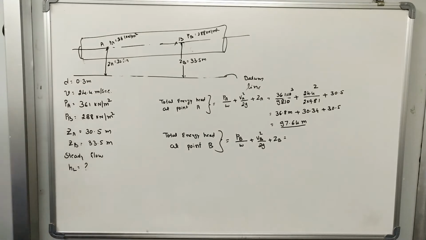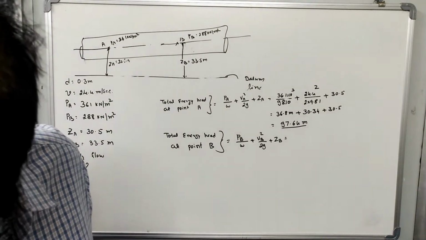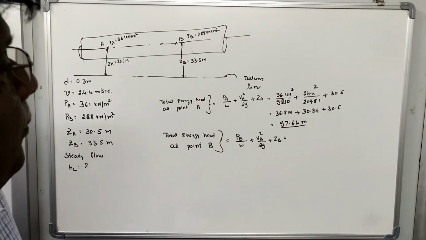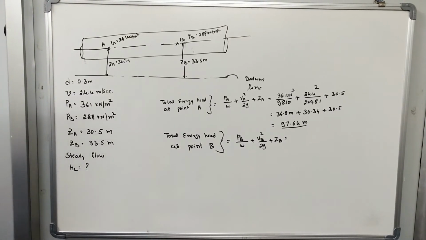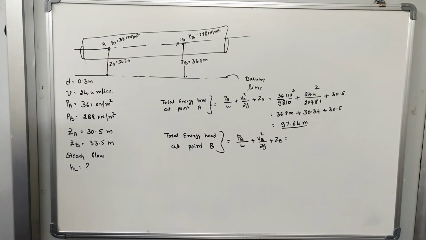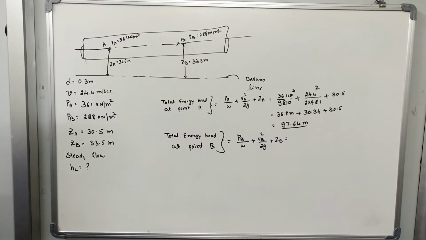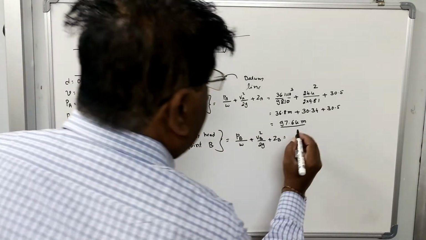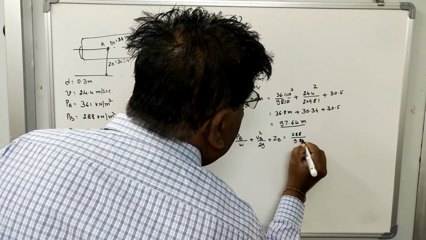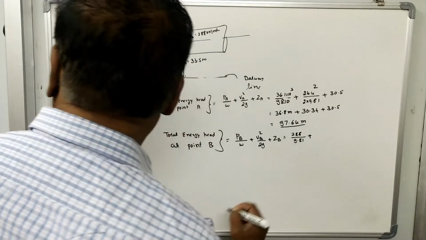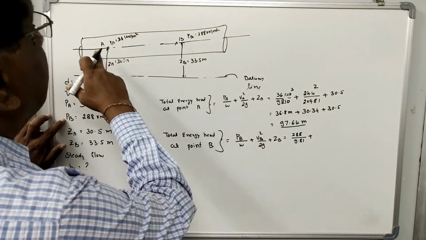This is equal to 2.88 divided by 9.81, plus VB square. So velocity is same.